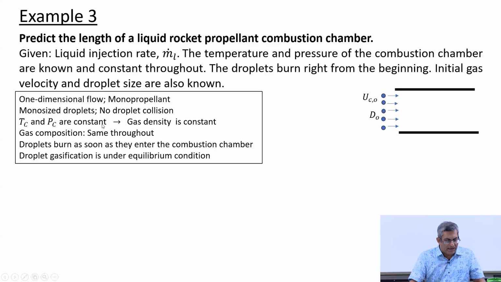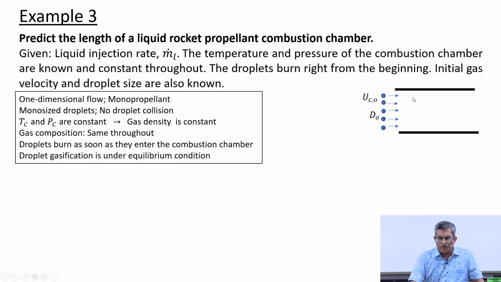Then importantly, we consider that the temperature and pressure within the combustion chamber are constant. Basically, the gas density is constant. The gas composition also does not vary. And the droplets burn as soon as they enter the combustion chamber. We also have droplet gasification under equilibrium vaporization conditions.